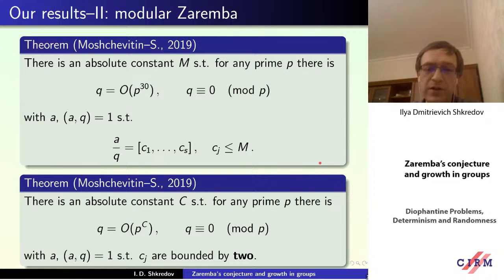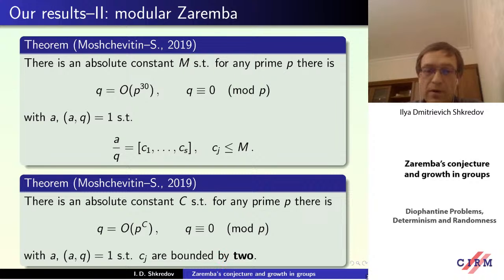So it's very interesting. There is a huge absolute constant C such that for any prime p, such that q is divisible by p and q is comparable with p in this way, I can find a such that a over q has partial quotients bounded by 2.